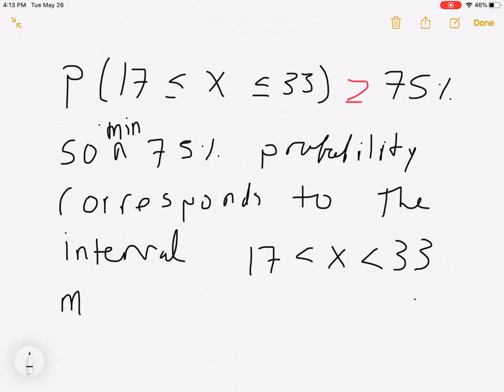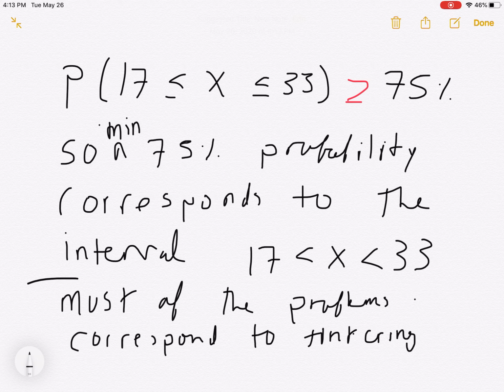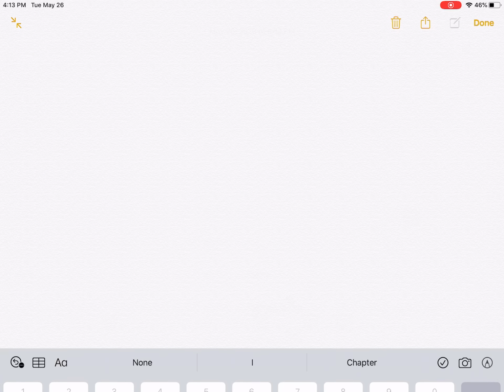Most of your problems correspond to tinkering with the value of k. Okay, and notice one more thing.